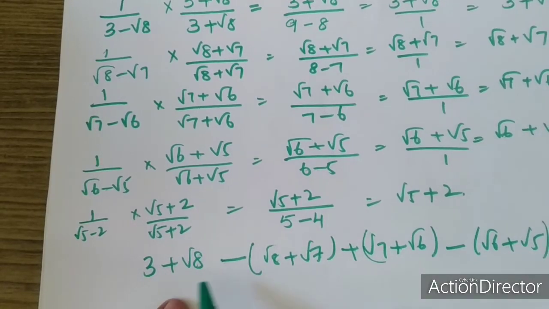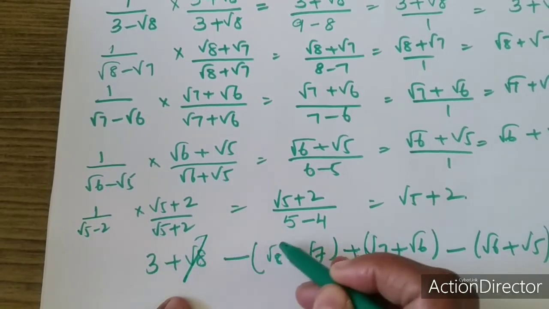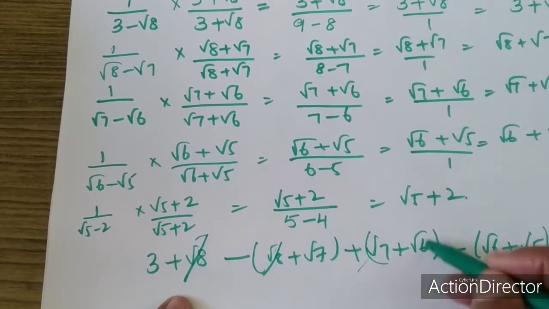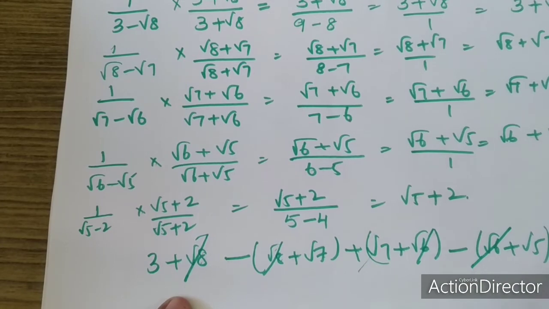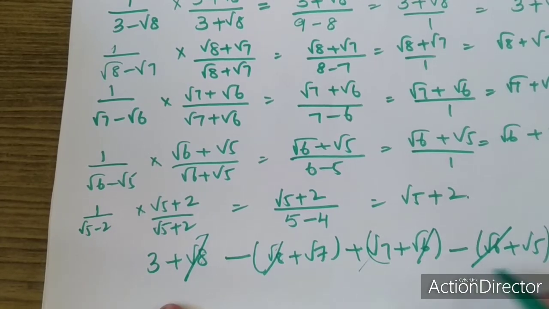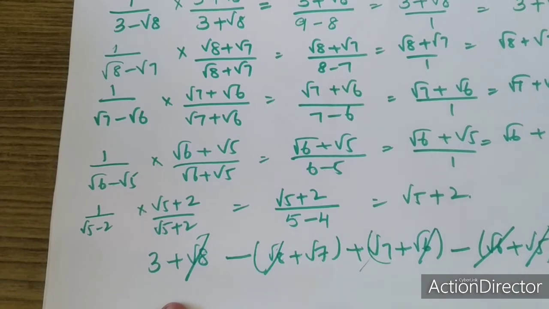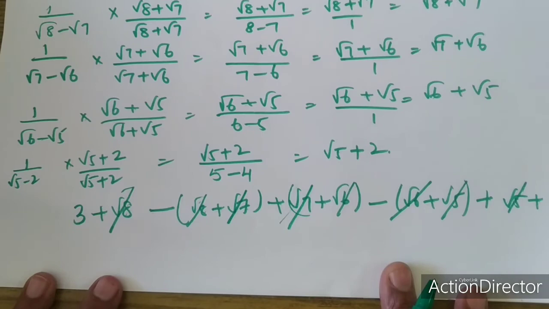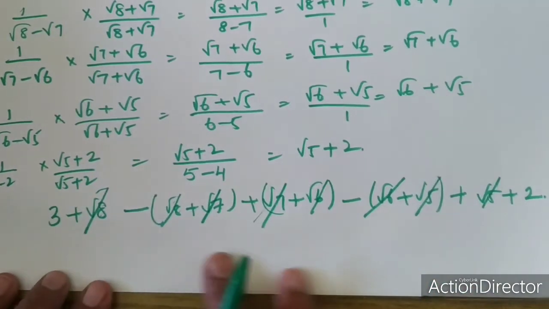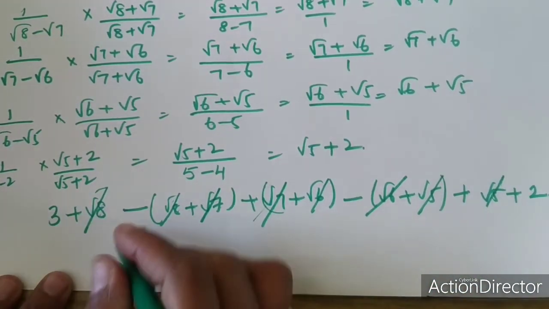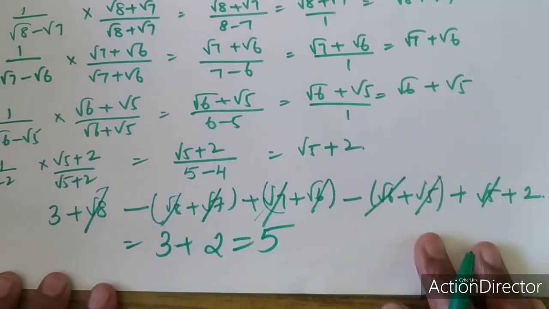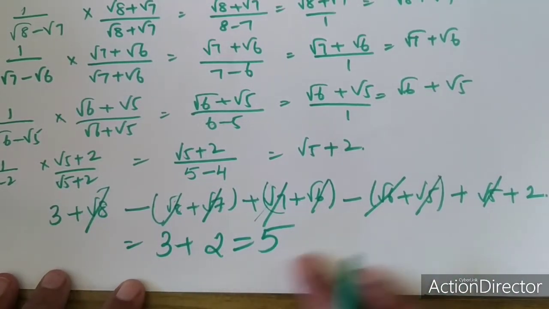Now if you observe over here, this is root 8 and minus root 8, root 7, root 6 and minus root 6, and this is again minus root 5 plus root 5, and this is again minus root 7 plus root 7. So all the terms are getting cancelled, and finally what is left out is 3 plus 2, which is equal to 5.